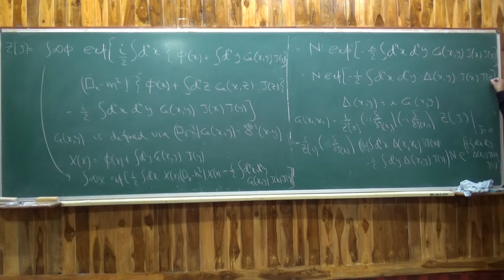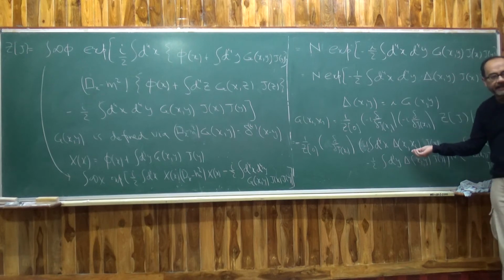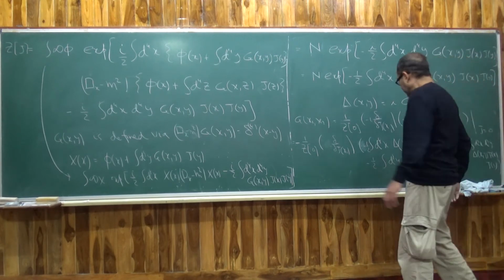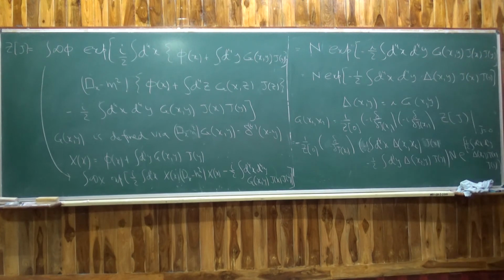When you differentiate j of y, you get delta of y minus x2, so that sets y equal to x2. That's why you got delta x x2. And then when you differentiate with respect to the first one, you get delta of x2 y. Now this delta delta j of x1 has to apply on the whole thing.